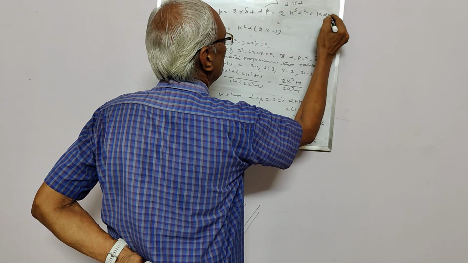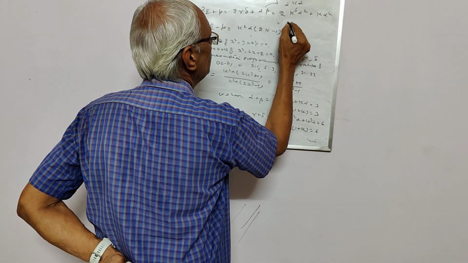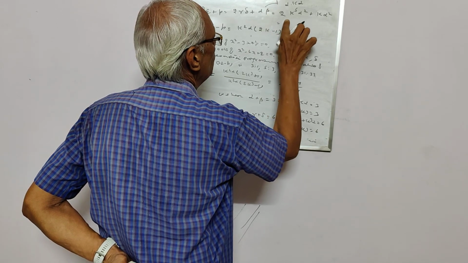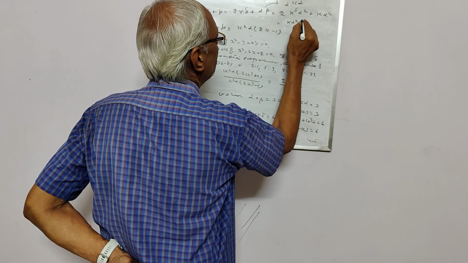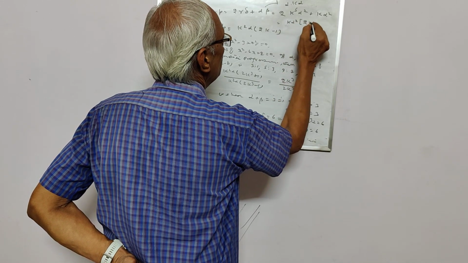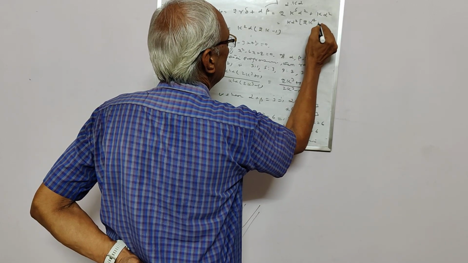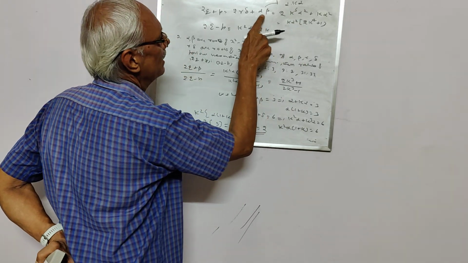It is k alpha into k alpha is k squared alpha squared. So this is equal to k alpha squared into 2k to the power of 4 plus 1. See, I have written it wrongly here.